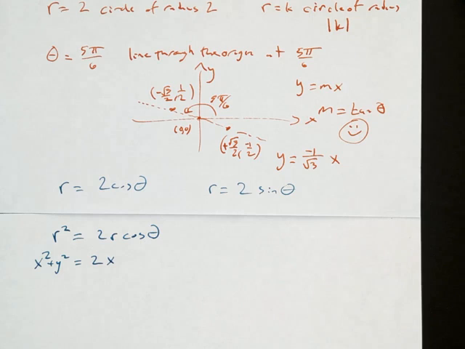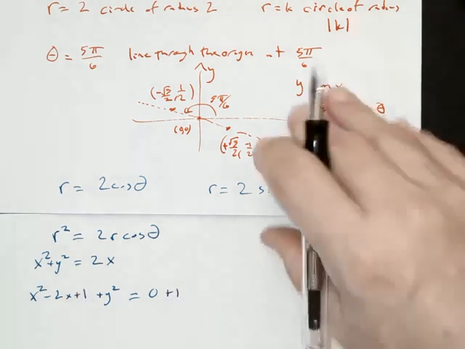I'm going to move the x to the other side, and I'm going to complete the square. What completes the square there? So I add 1 on this side. That means I add 1 on that side.